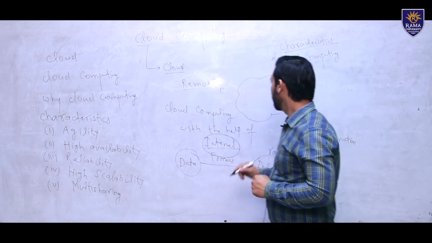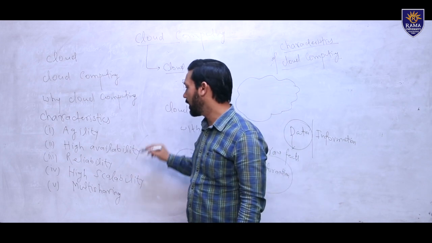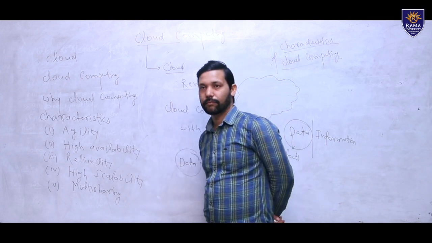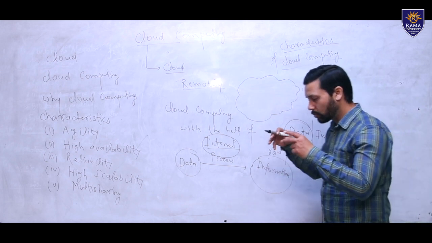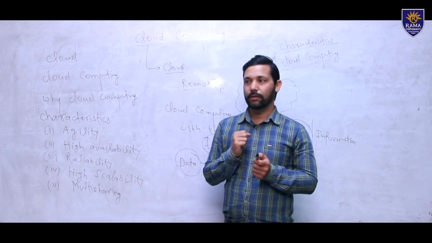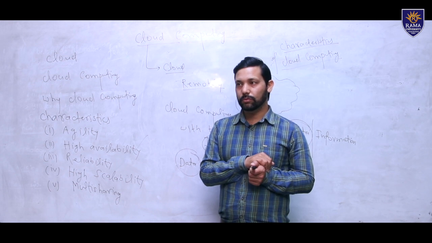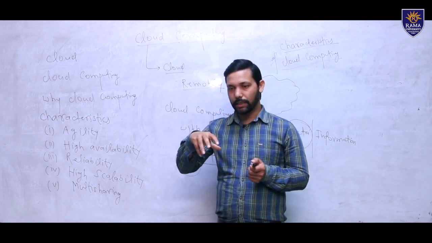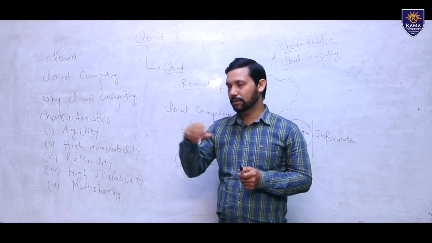High availability, suppose second point, like high availability. If we physically store a data, suppose in a pen drive, in a local disk, this may be available for certain conditions, certain timings, certain locations.